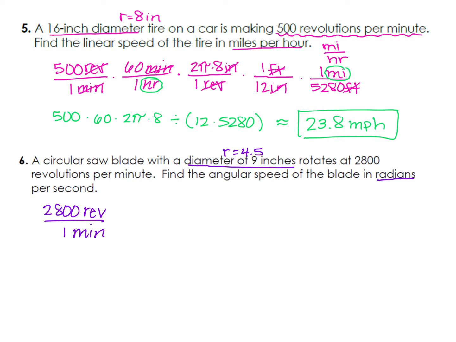So I'm trying to end up with radians per second. So our time unit is still in the denominator. So my minutes, I have 2,800 revolutions per 1 minute. To convert minutes into seconds, I know 1 minute is 60 seconds.